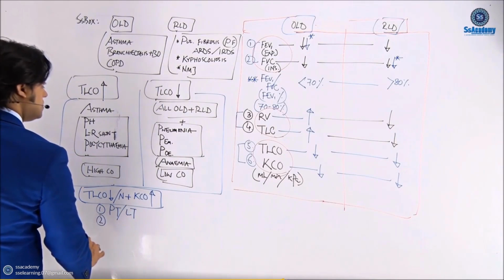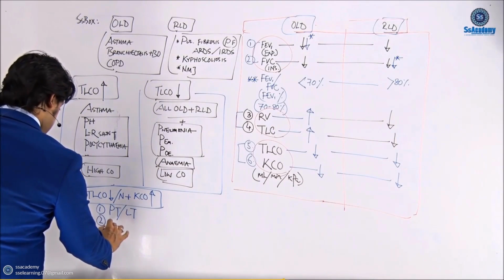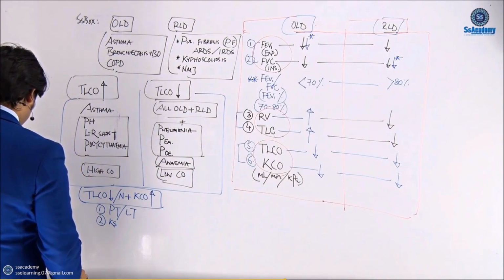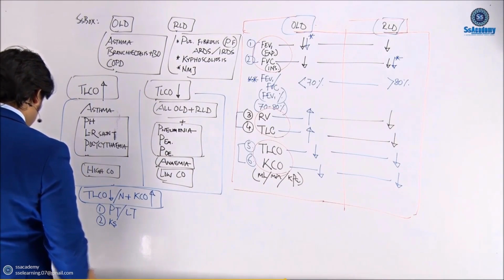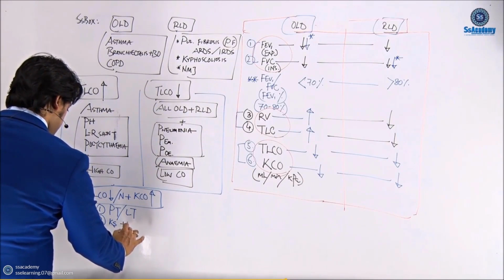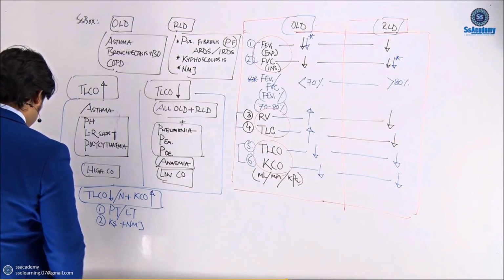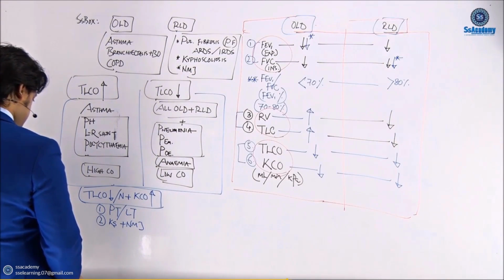and number two, that is kyphoscoliosis. I'm writing KS, kyphoscoliosis, just write it down. And another bundle pack is the neuromuscular junction disorders, just plus, write it down.